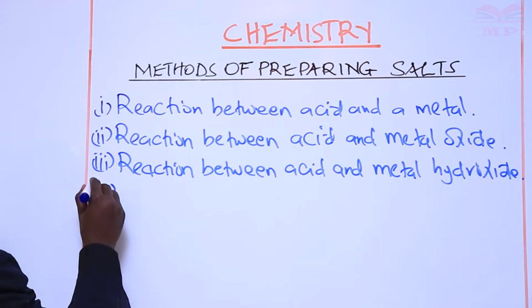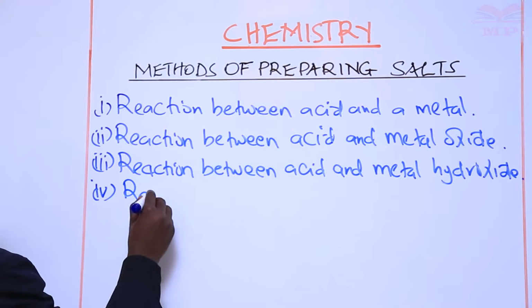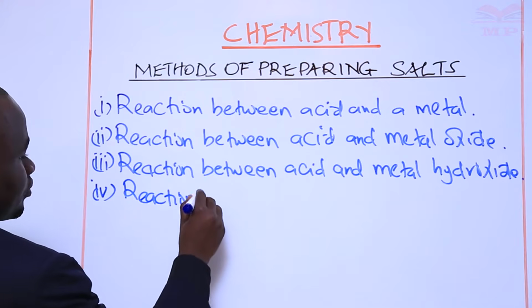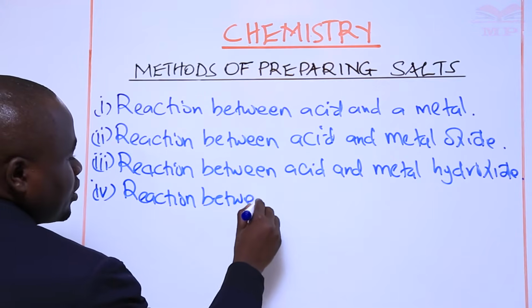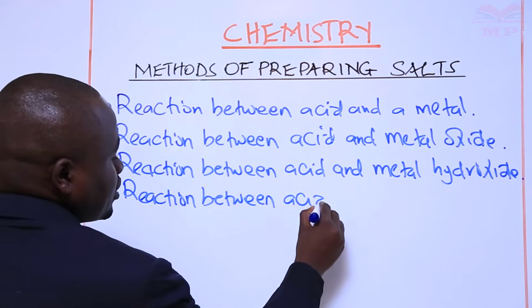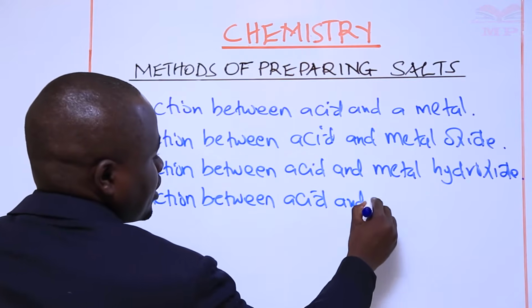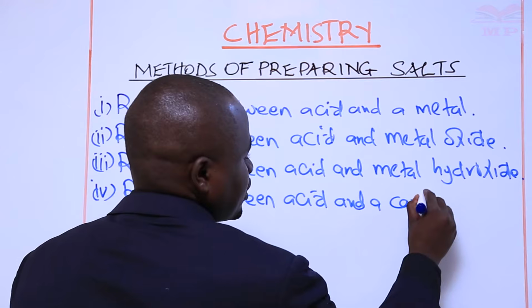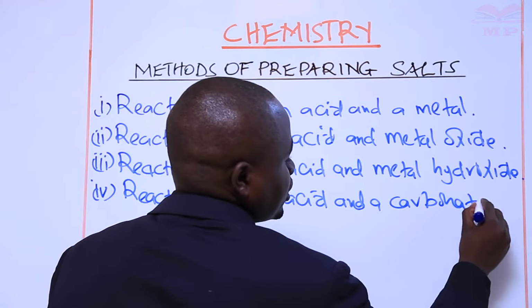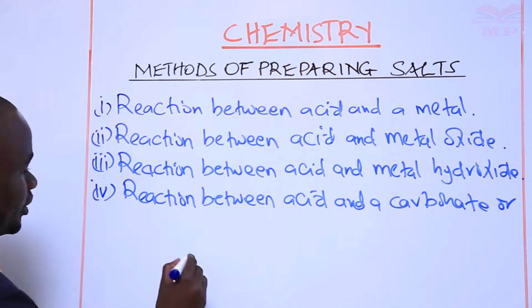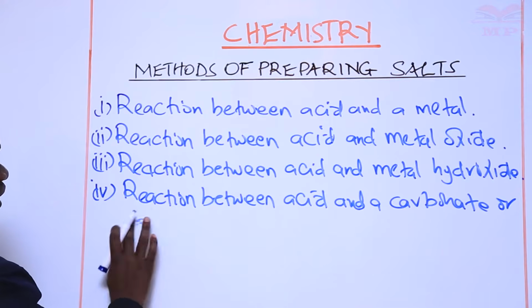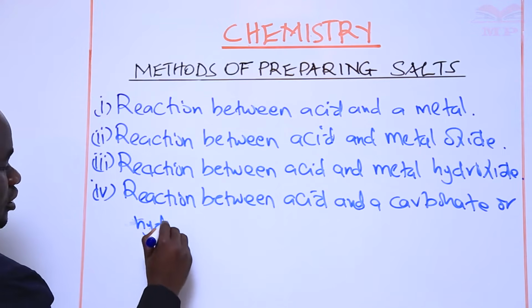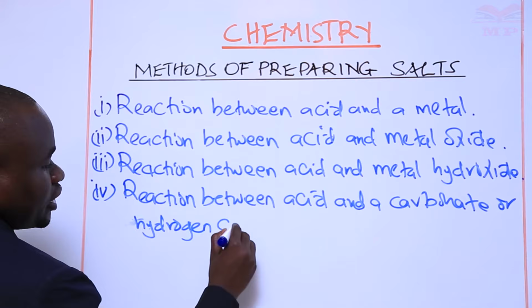Method number 4 is reaction between an acid and a carbonate, metal carbonate, or you can still use hydrogen carbonate.